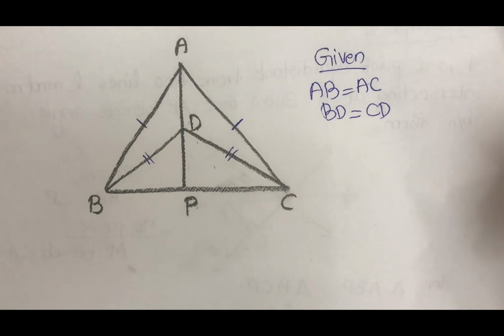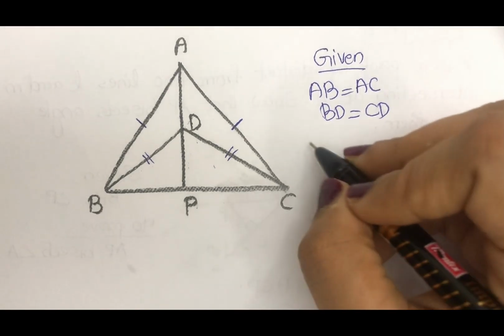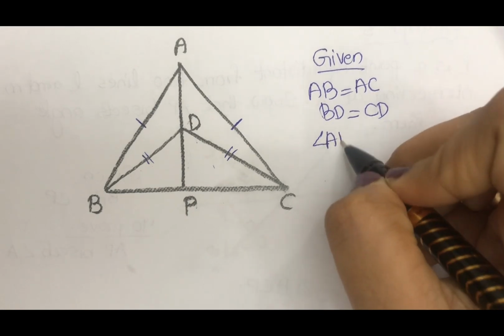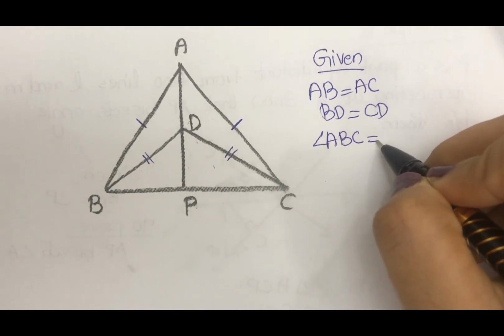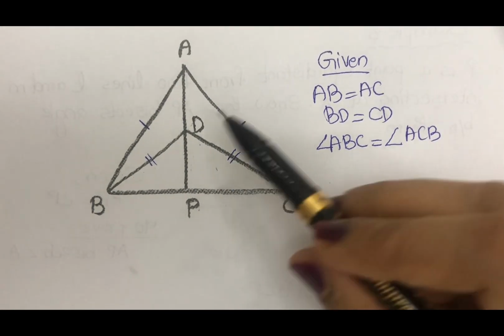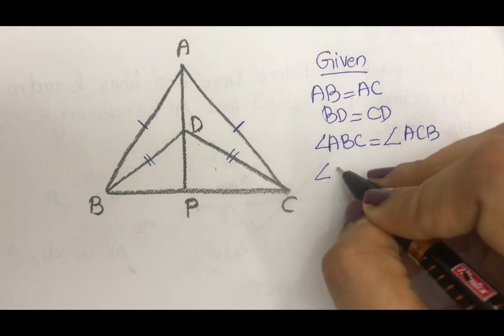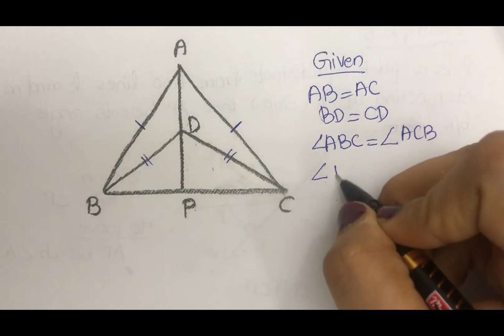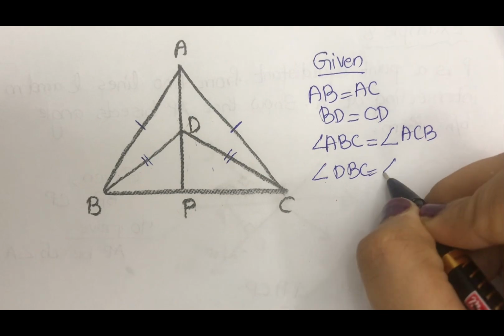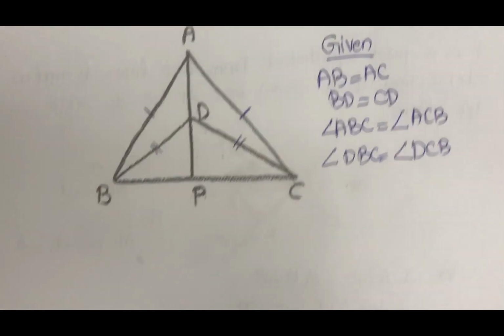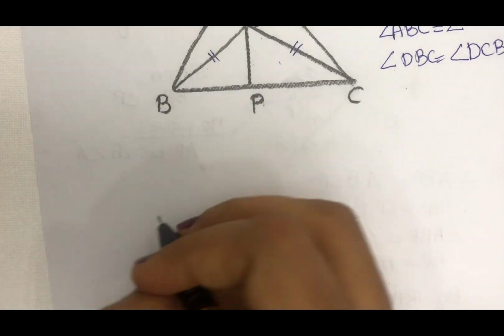Okay, and these two angles are also equal. So angle ABC is equal to angle ACB. Why? It's an isosceles triangle. Also triangle DBC is isosceles, so angle DBC is equal to angle DCB.